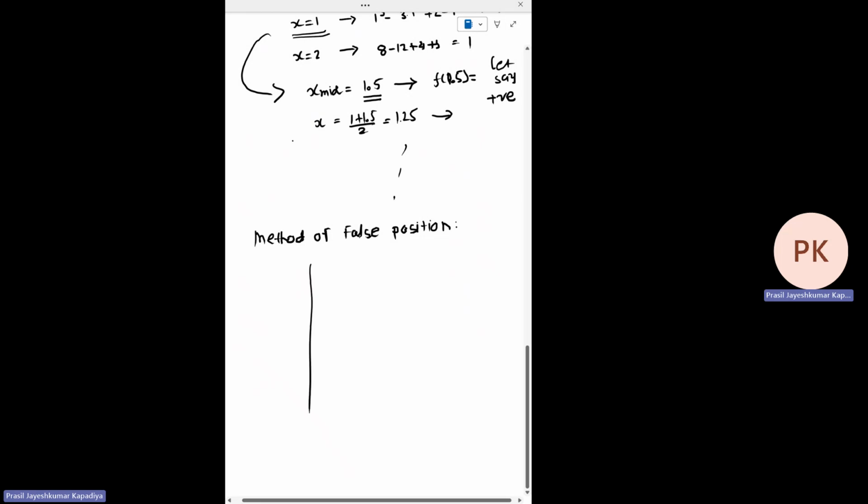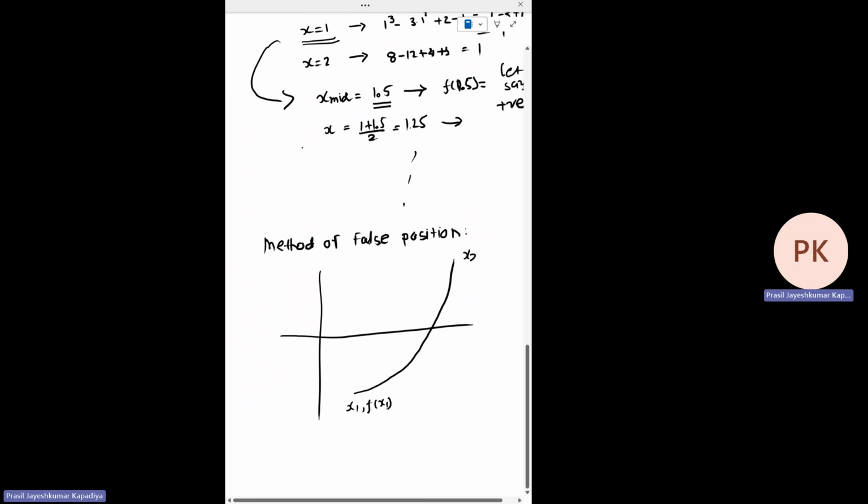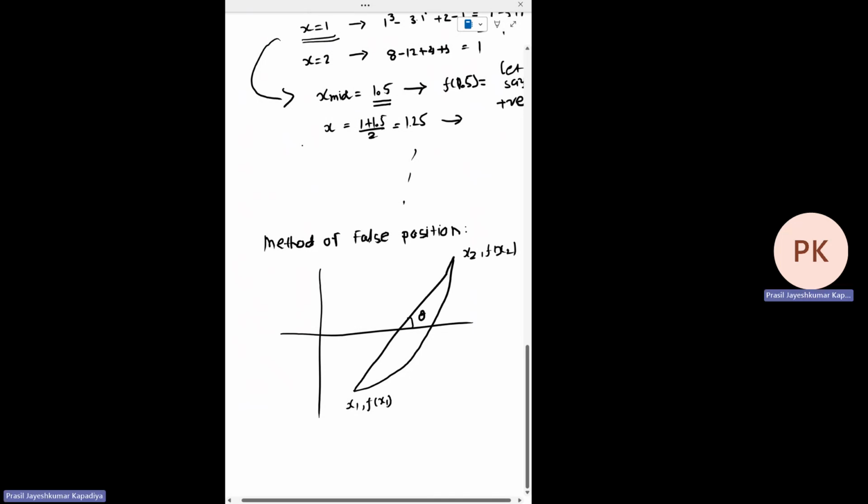Let's say this is my equation. So this is point x1 and value f of x1. This is point x2 and value f of x2. Now look what I'm doing. I'm joining this line. So this will be having some angle theta.